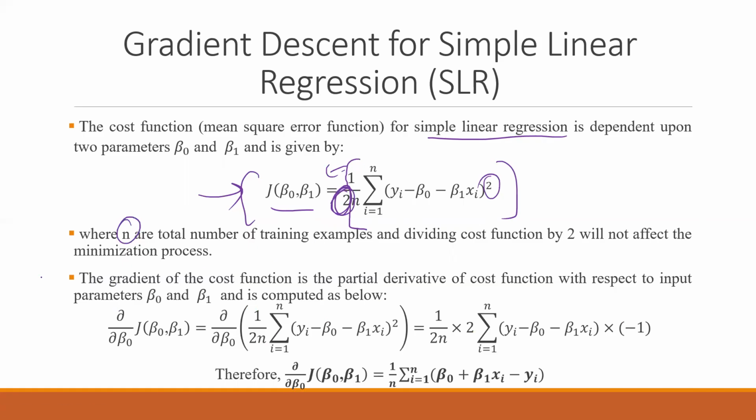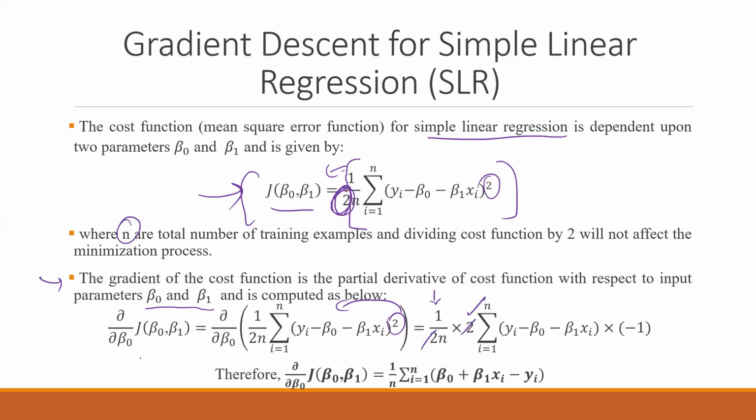So what we are trying to do here is take the gradient of the cost function, which is the partial derivative of the cost function with respect to the input parameters beta naught and beta 1. When we solve this, you can see that 1 by 2n is coming outside, and then this 2 will come out and get cancelled.